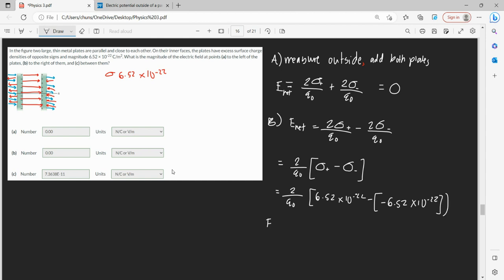And this is going to equal, and this is equal to 7.3638 times 10 to the negative 11 newtons per coulomb.